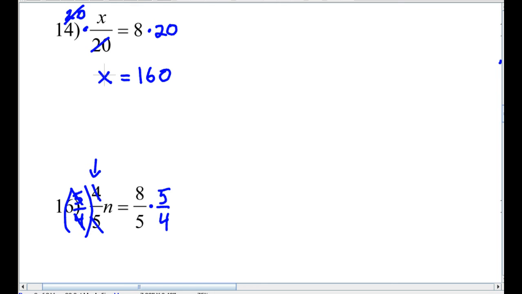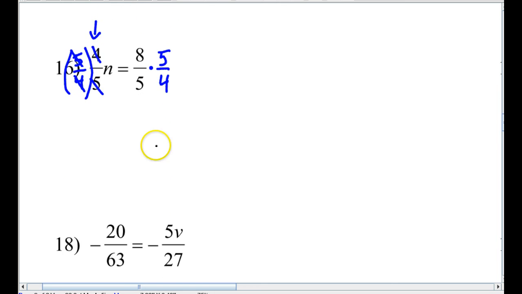And with multiplication, remember it's a little bit easier than addition. No common denominators, and if possible, like on here, you can just cross cancel. Okay. And also 5 and 5, those cancel out, which means they equal 1. Here, 4 goes into 4 one time, 4 goes into 8 two times.